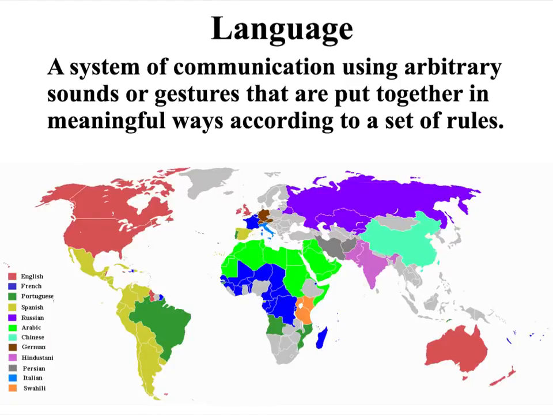If you look at the other part of this slide, we can see a contemporary map of the world. And these are the most common spoken languages all over. We can see some languages that are spoken in some parts of the world, but we can also see how language has diffused over time.